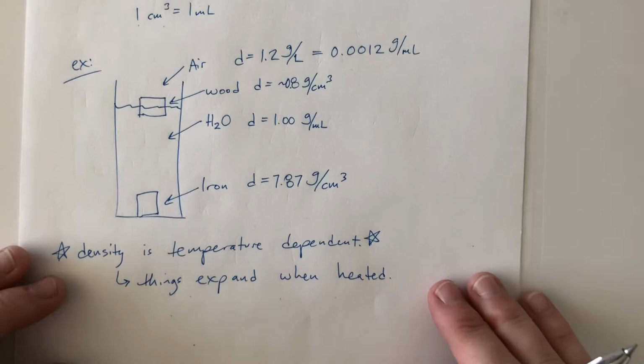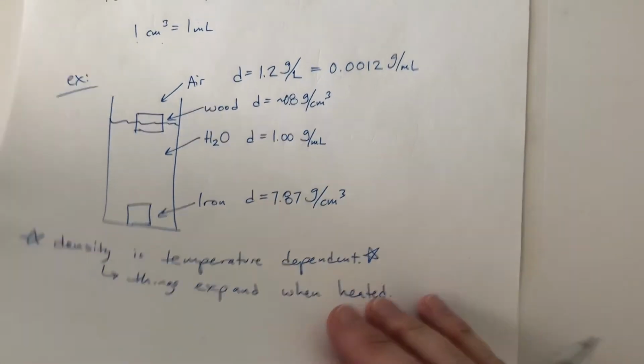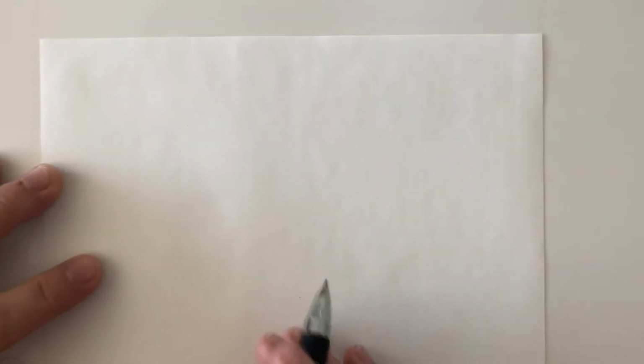Okay, so let's try an example or two of the actual math here and see how a density problem would look. Essentially there's only 3 variables: density, mass, and volume. You're going to have to know 2 of the 3, and the rest of it's basically algebra.